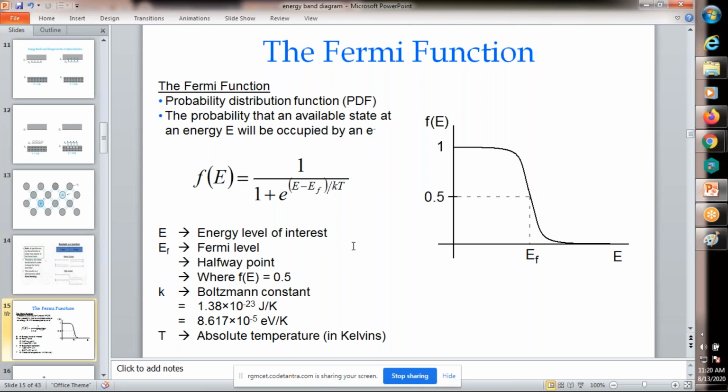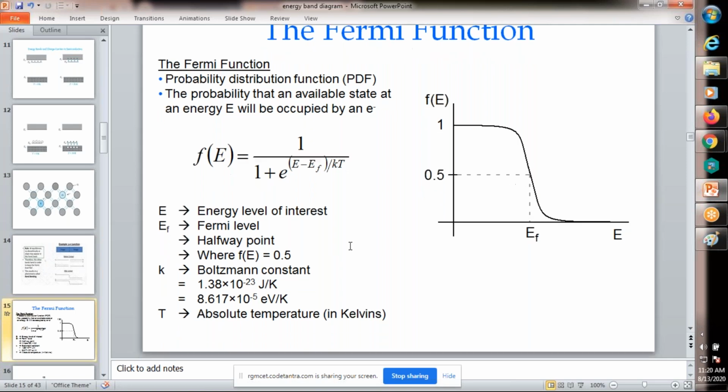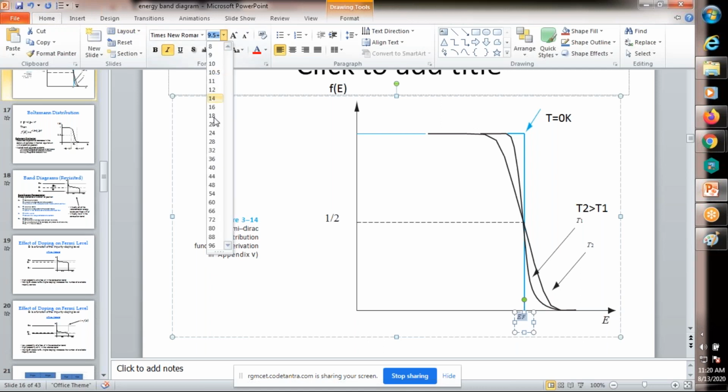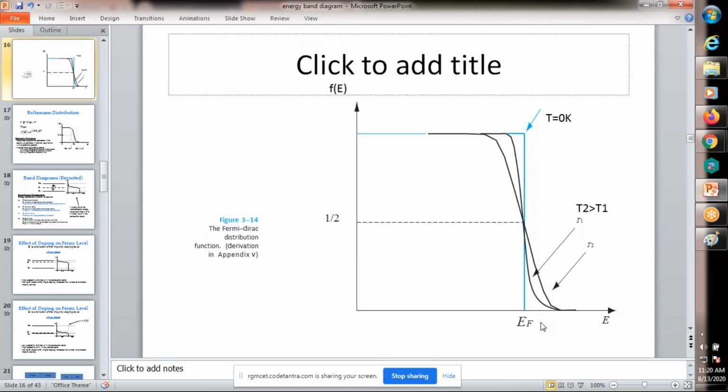As temperature increases, observe again. This blue line indicates 0 Kelvin. At 0 Kelvin, we do not find any energy states above the Fermi level EF. Above the Fermi level, observe the blue line, there are no energy states.